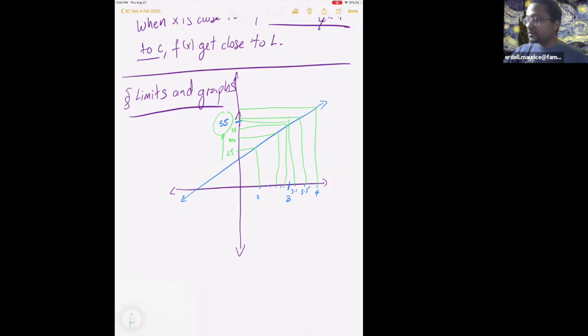So I got answers like 45, and then 40, and then 35.1. And so again, each of those numbers are getting closer to 35. So this graphical representation is me representing the table of values, but doing it with a graph instead of using a table. Questions there?